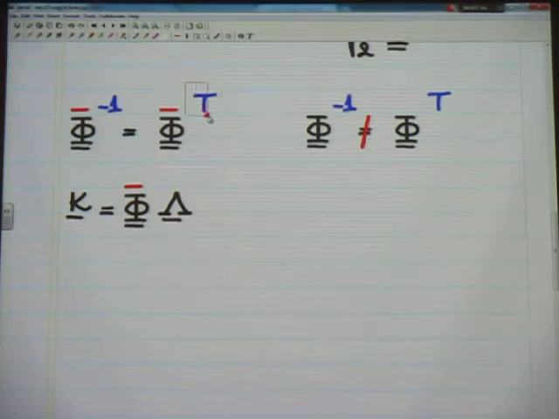You no longer need phi bar inverse, but you can use phi bar transpose and save a lot of computational time. Okay, very good.